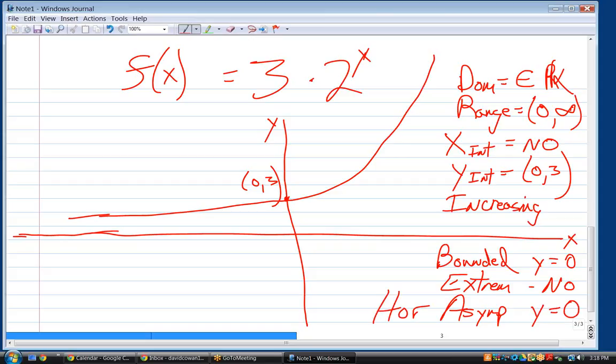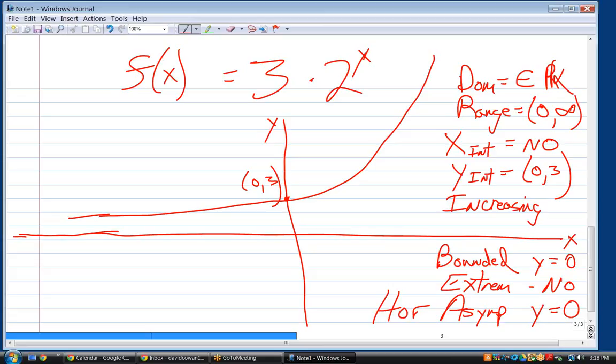End behavior. What happens as x goes to negative infinity? It gets closer and closer to 0. That's the end behavior. As x goes to negative infinity, y goes to 0. What happens as x goes to positive infinity? It gets closer and closer to infinity. Yeah, y goes to infinity.